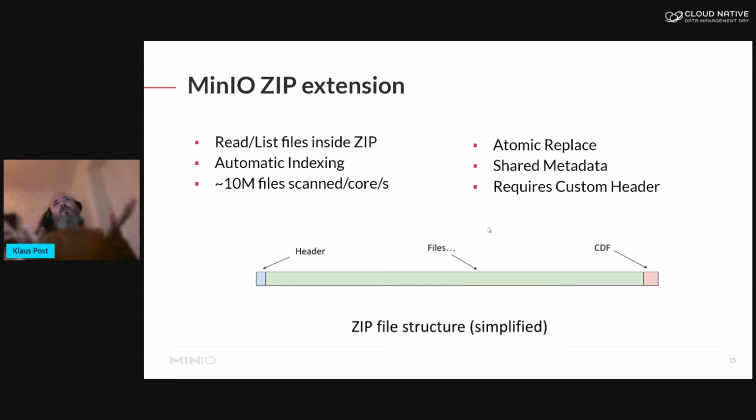The files remain as a zip file on your storage, so everything inside it is controlled by this single file, which means you can replace everything atomically. If you replace the zip file, then you're switching all of the files inside in a single operation.